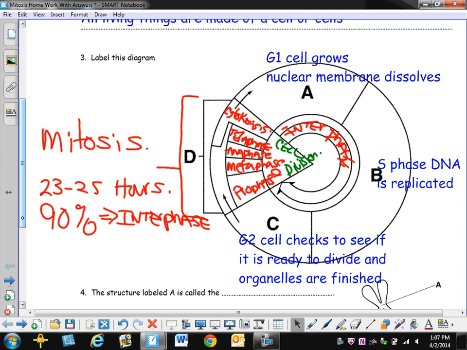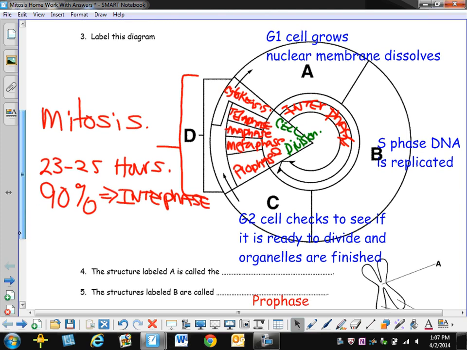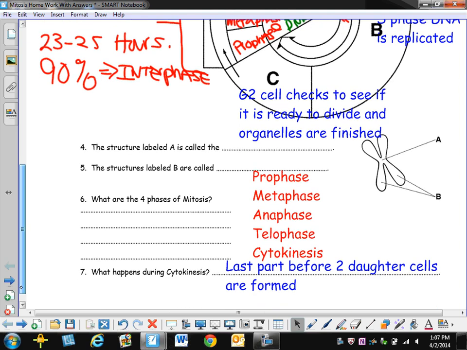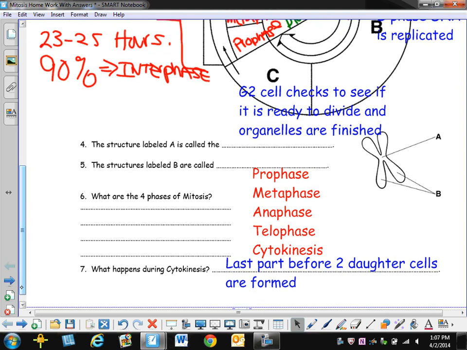Alright. I asked you to skip 4 and 5. Here are the steps in case you want them in PMAT: prophase, metaphase, anaphase, telophase, and cytokinesis. What happens during cytokinesis? The last part before the two daughter cells are formed. Because remember, who can tell me what this is all about?